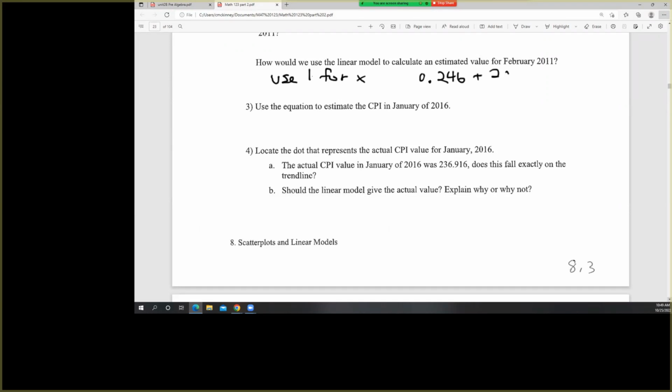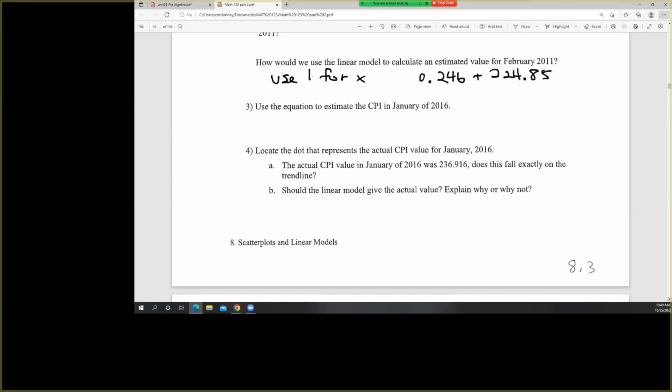Plus the 224.85. Which came out to, I don't remember what that is. I guess I didn't write that. What did you come out with when you added those together? 225 point something. Okay, good.